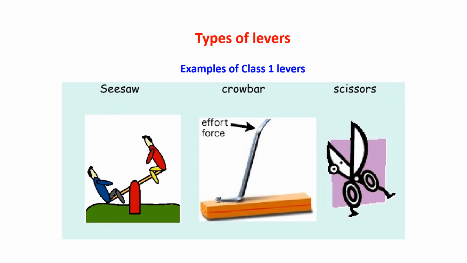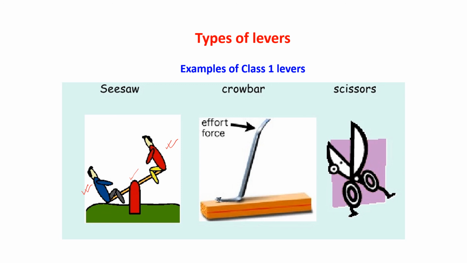Some examples of class 1 lever. Say this is a seesaw. The fulcrum is in between. On one side, this man is giving effort and this is the load. Crowbar is also one example of class 1 lever, and scissors. This is also an example of class 1 lever.